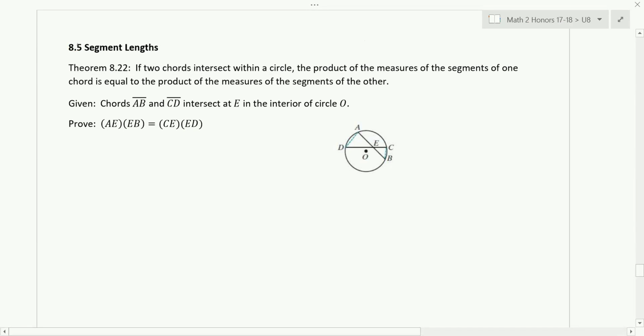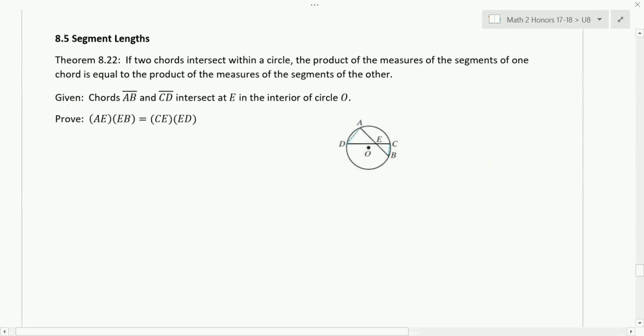Okay, what this first statement states is that if you have a circle with two chords that intersect, and they can intersect anywhere in the circle, they cut each other, not in half, but each chord is cut into two segment lengths.